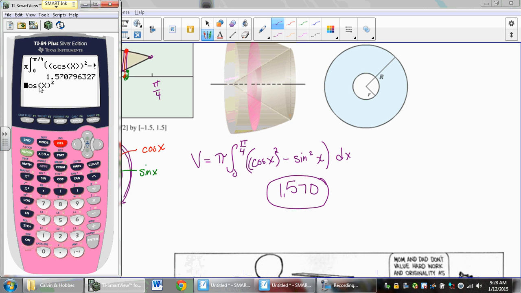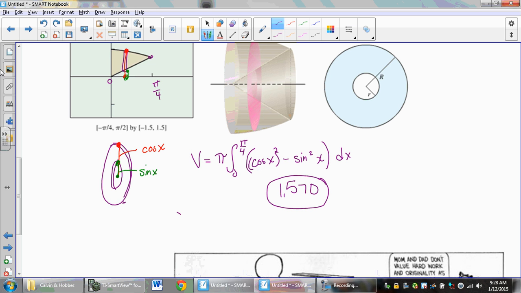This is the cosine squared of x. So just be careful how you square your cosine. Technically, you can do it right after that parenthesis that ends the angle. But personally, I like to add that extra redundant parenthesis just because it makes me feel better. I don't really care what you guys do, but just FYI, technically this is cosine squared x. And that's the answer. Okay, I digress.